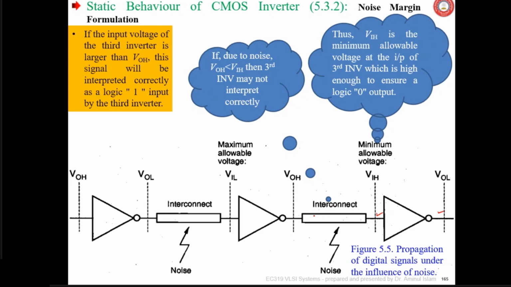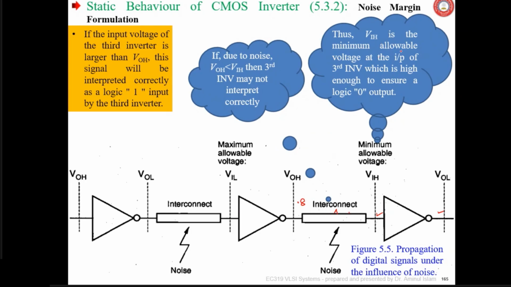If the noise comes in the same good or appropriate desired direction, then no problem. VOH say 0.8 volt. If it is inducing a voltage here as a positive spike or in positive direction, then there is no problem. But if it is in opposite direction, then there will be a problem. If due to noise VOH is less than VIH, then the third inverter may not interpret correctly.